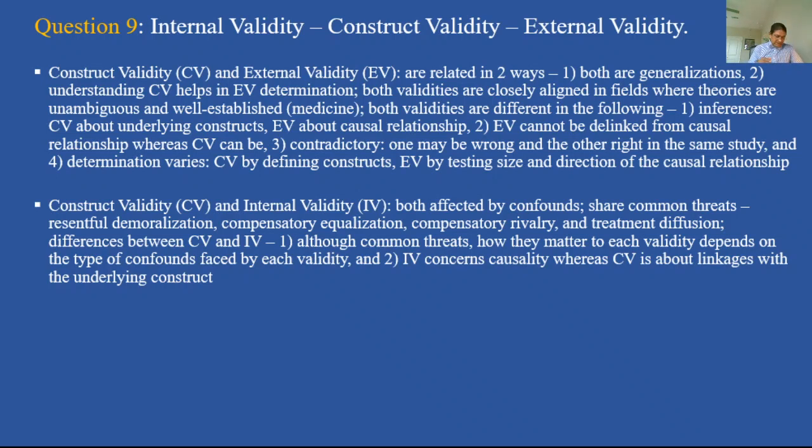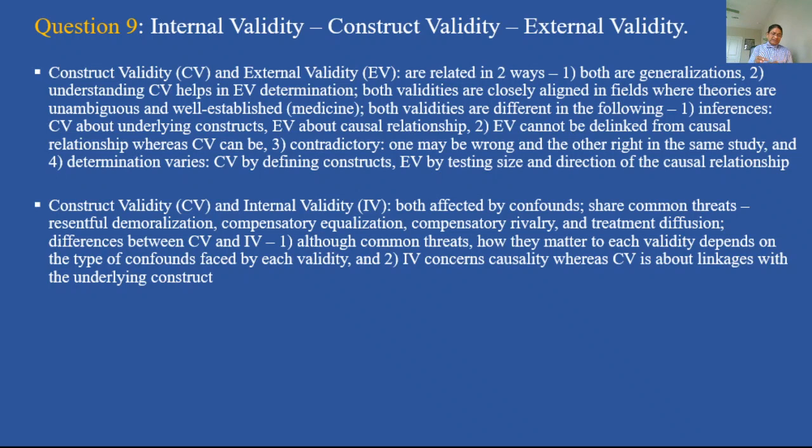Now, what are the similarities and differences between internal validity and construct validity? Internal validity and construct validity are related to each other in that both are affected by confounds, that is, variables that are conceptually distinct but empirically indistinguishable from the other independent variables in a study.